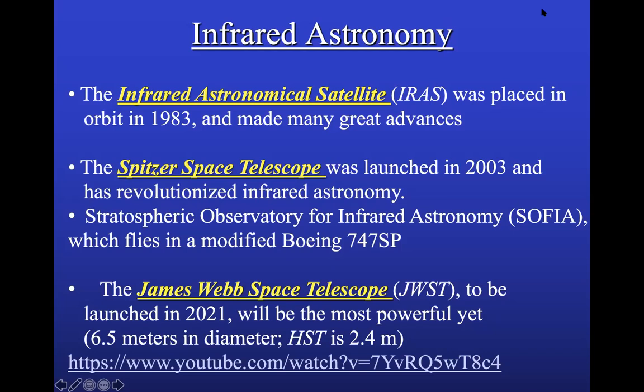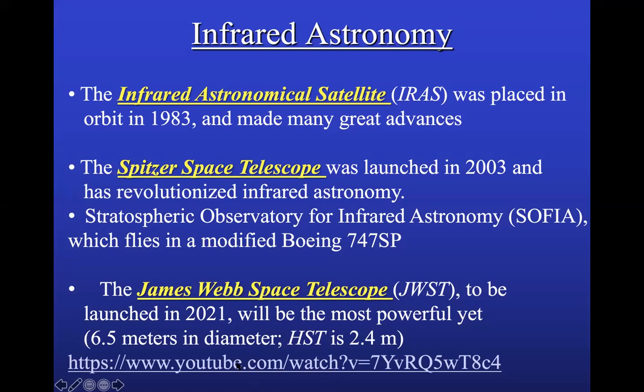With this kind of telescope in space, it can do wonders for astronomy. There is again a YouTube link that gives a very nice explanation about the Hubble Space Telescope and James Webb Telescope.